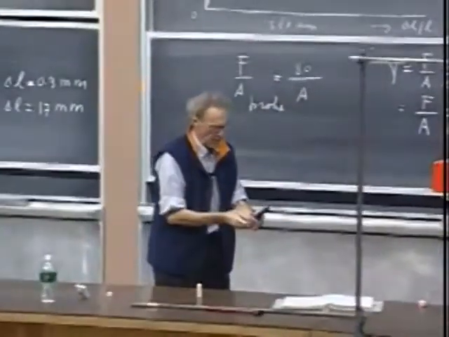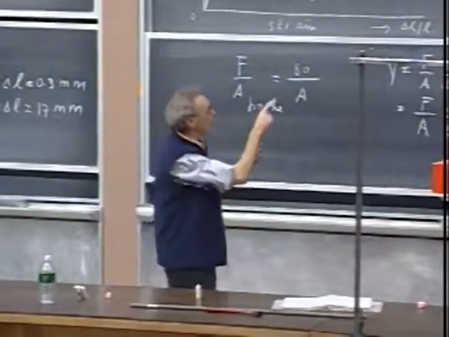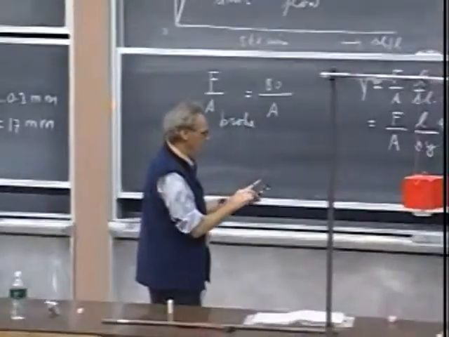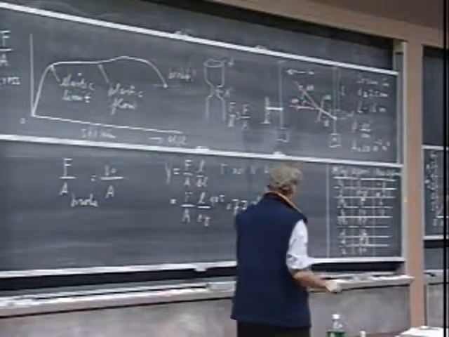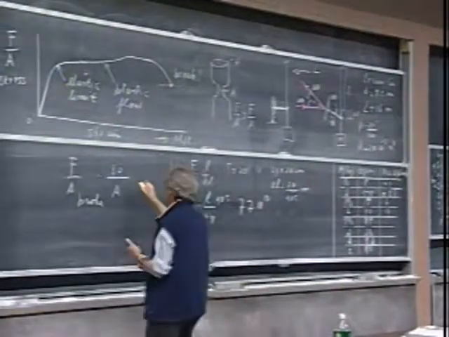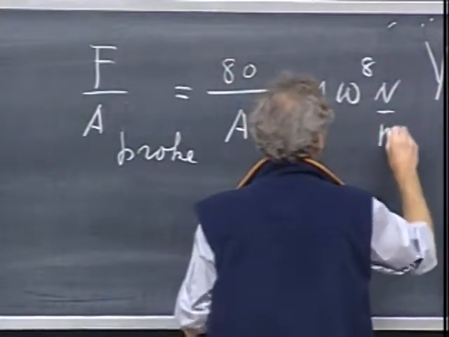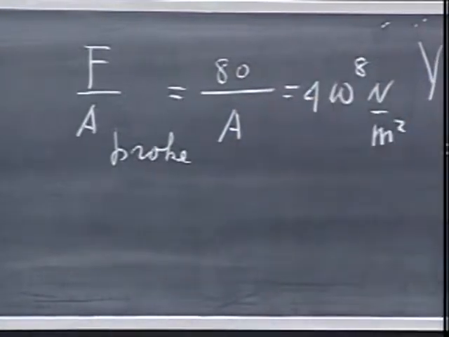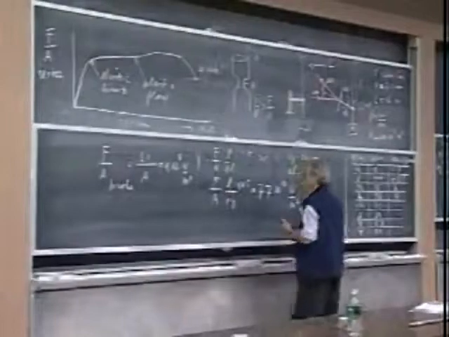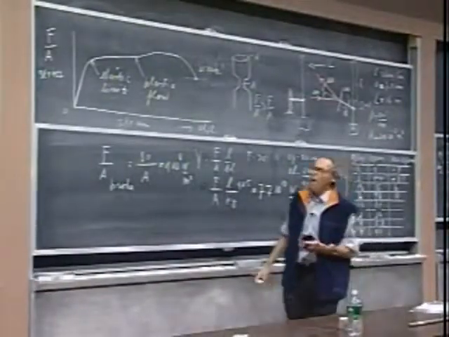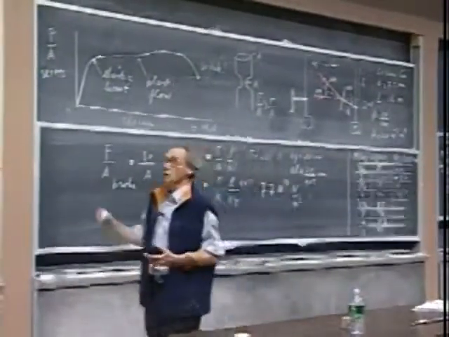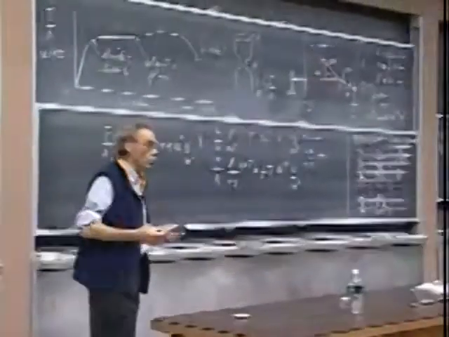And so that gives me 80 divided by 2 times 10 to the minus 7. And that is 4 times 10 to the 8th newtons per square meter. And this is also newtons per square meter. And that's not bad. It's a little higher than we have there, but it's a very crude measurement.